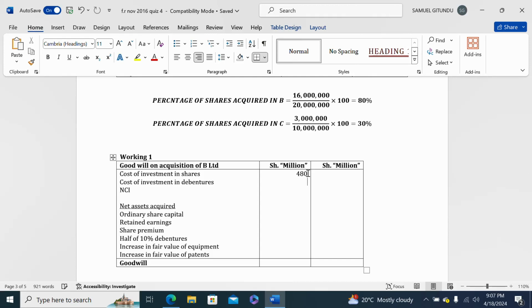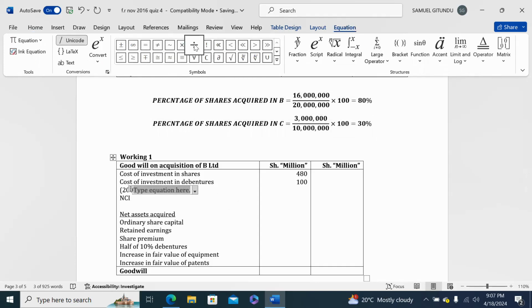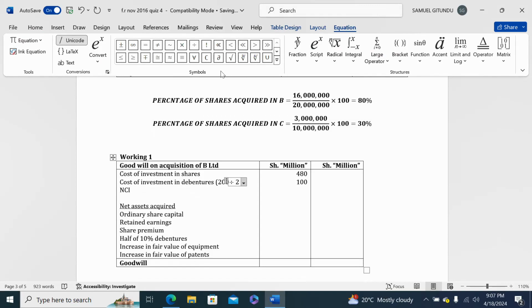So we put 100 there. That is the cost of investment in debentures, because the total debentures are 200, and if you divide that by 2, you get 100.